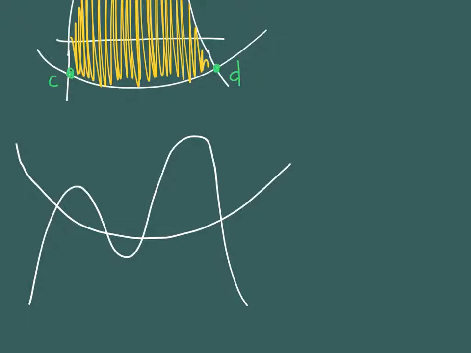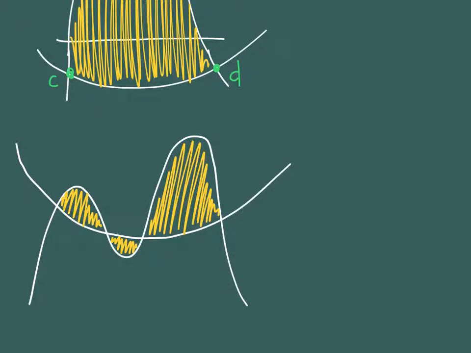The area between them is going to be that little region, and then a smaller region, and then that. So you're going to have to set this up in different intervals because they have different intersection points. Here's your C, there's your D. Now you have an intersection point E and an intersection point F.